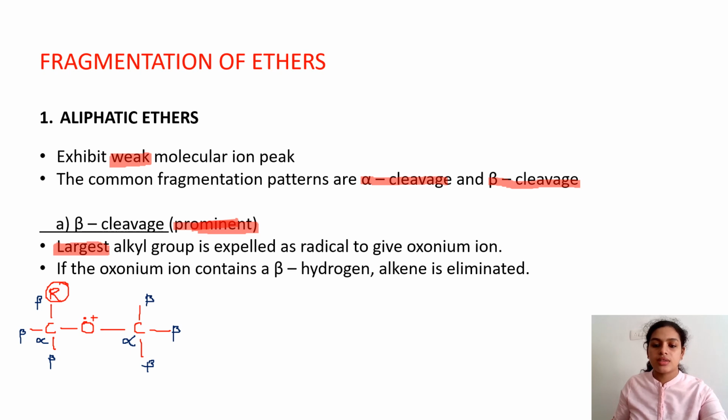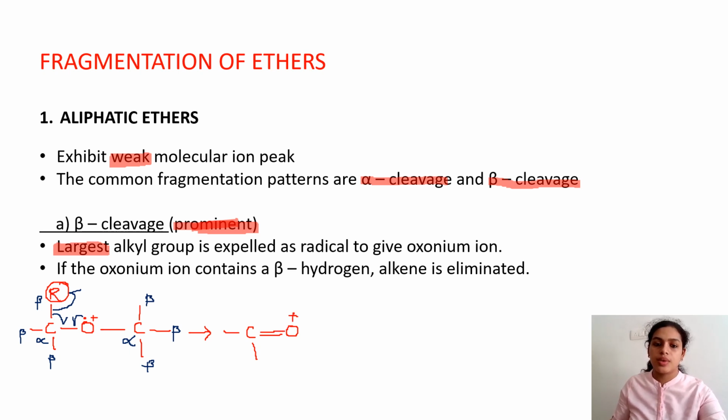And how does this take place, what happens here? Here this bond breaks like this, R dot, and you will get a structure like this. Here are the 2 beta positions, and there is a single bond O plus, and this is the newly formed double bond.